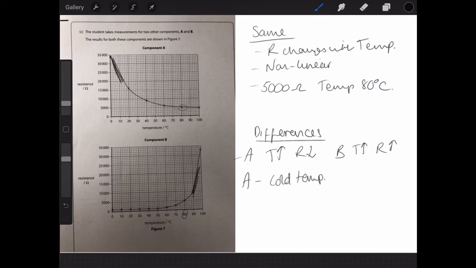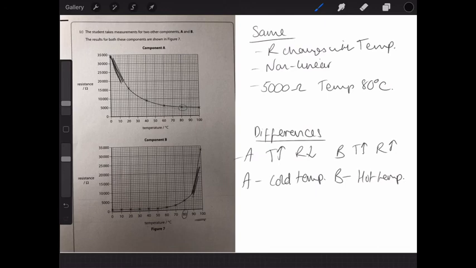A small change in temperature makes a huge change in resistance if the temperature is cold and getting a bit colder. Whereas for B, that bigger difference in resistance comes from the hotter temperatures. So hot temperatures affect the rate of change of resistance more. So you could comment on that.